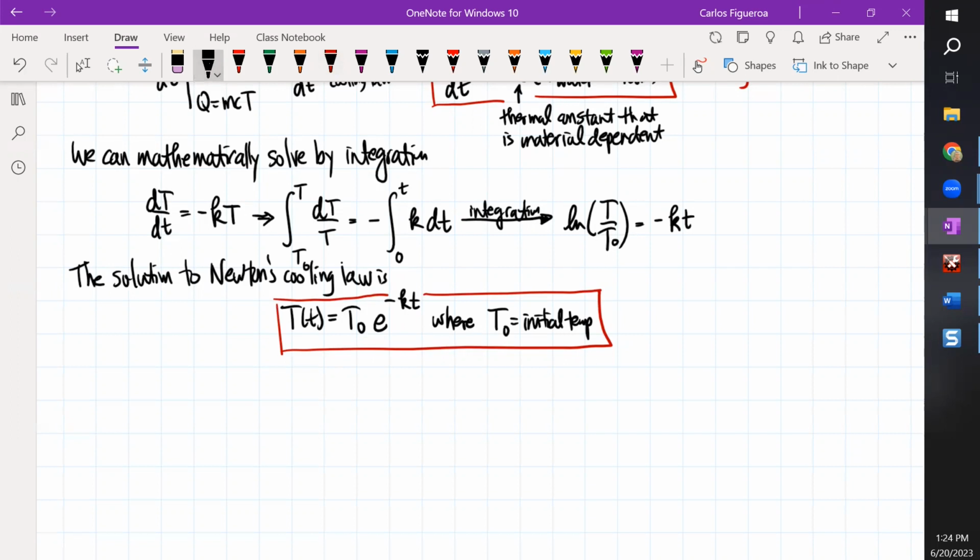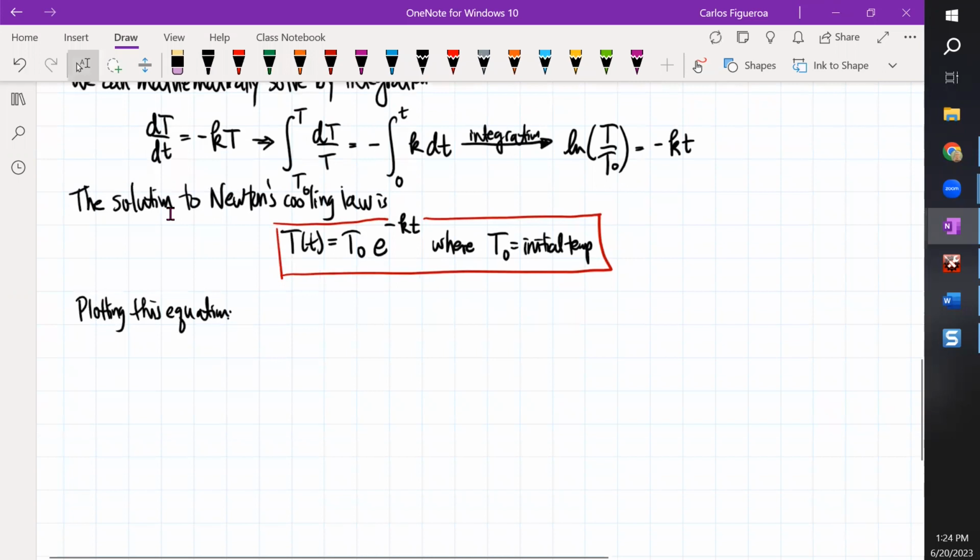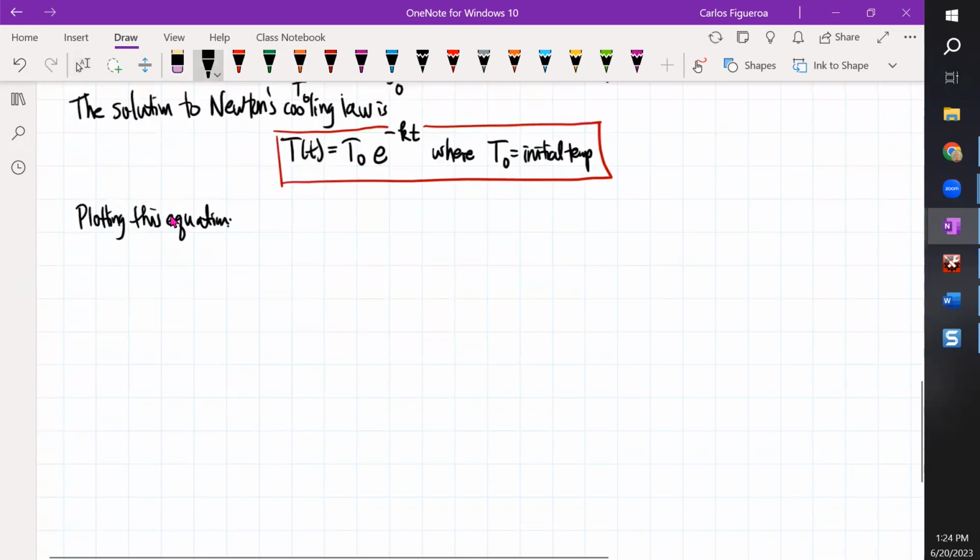So if I plot this, you could see that this is an exponential decay. What I'm seeing here is that this initial temperature is the initial temperature of the water, whether it's warm, hot, or cold. My graph is going to look something like this. This is the initial temperature of the water, and right here, this is the temperature of the room.